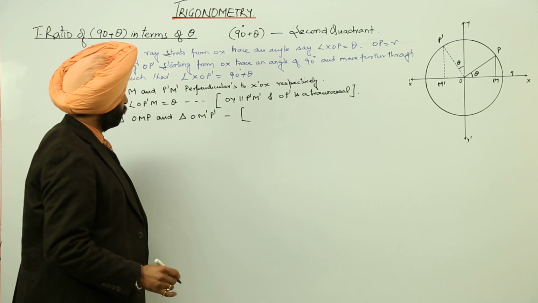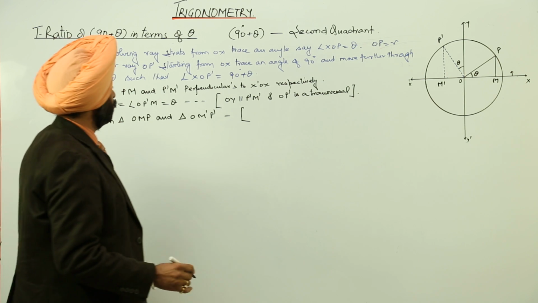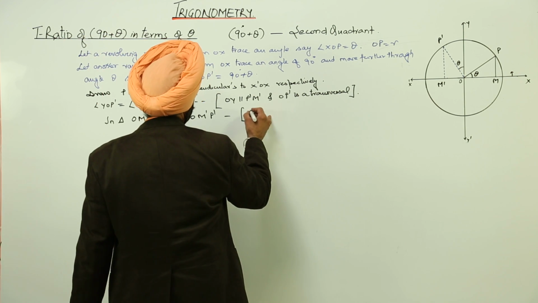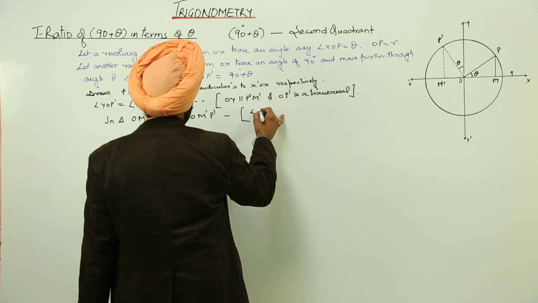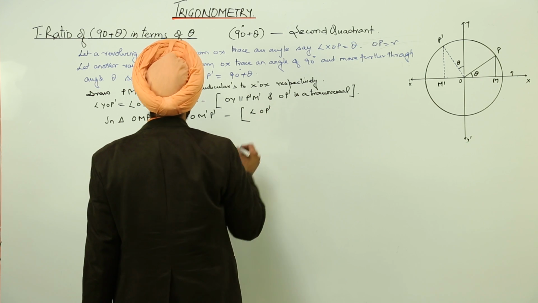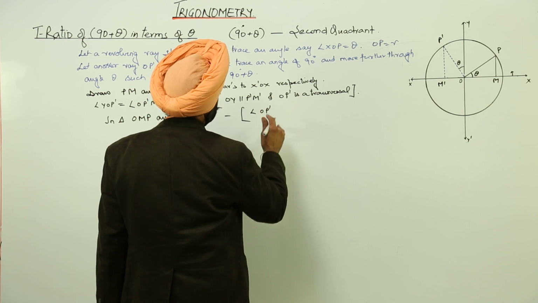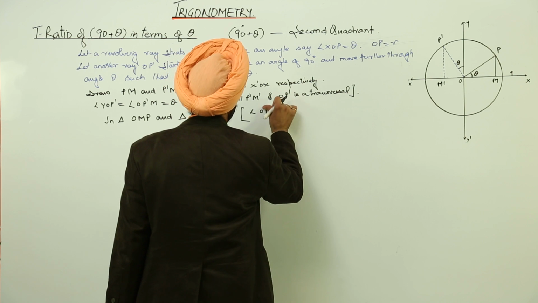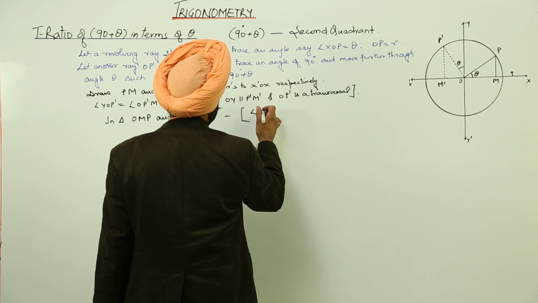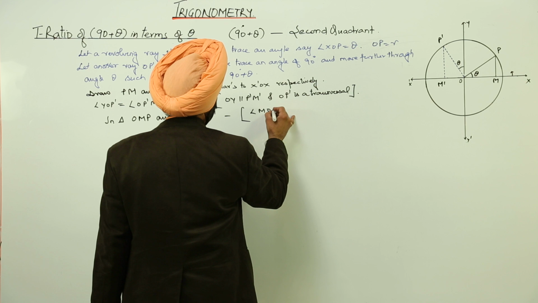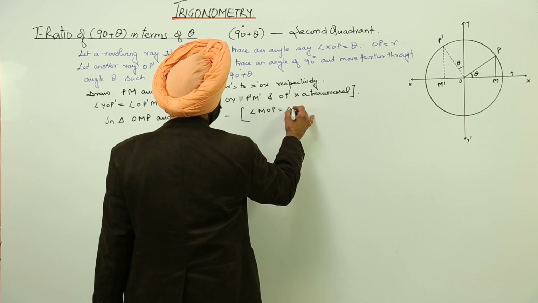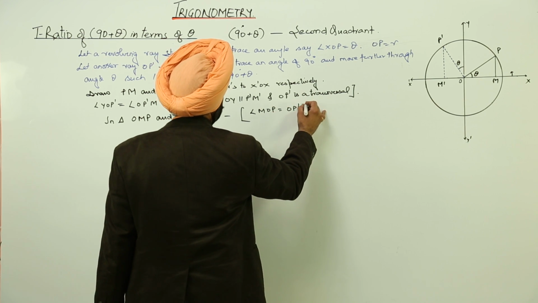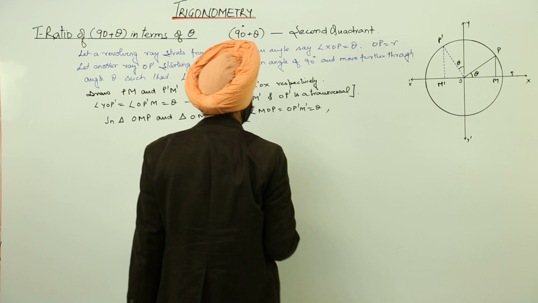Now what do we have? First of all, angle MOP is equal to angle OP dash M dash, which is equal to theta.